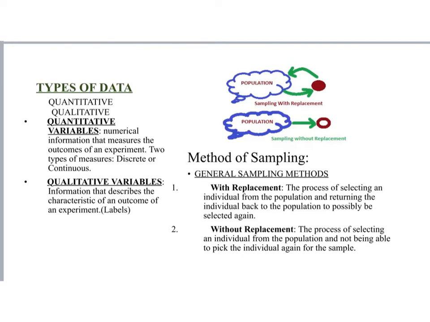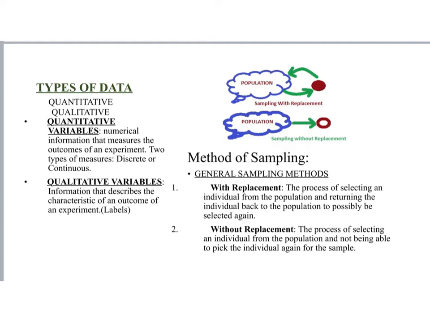Height and weight are examples of quantitative variables. Qualitative variables are information that describes the characteristic of an outcome of an experiment. For labels, for example, eye color is a qualitative measure, and therefore it's a qualitative variable.